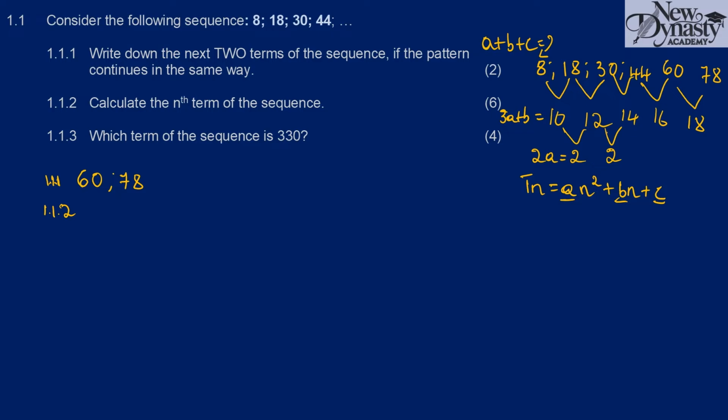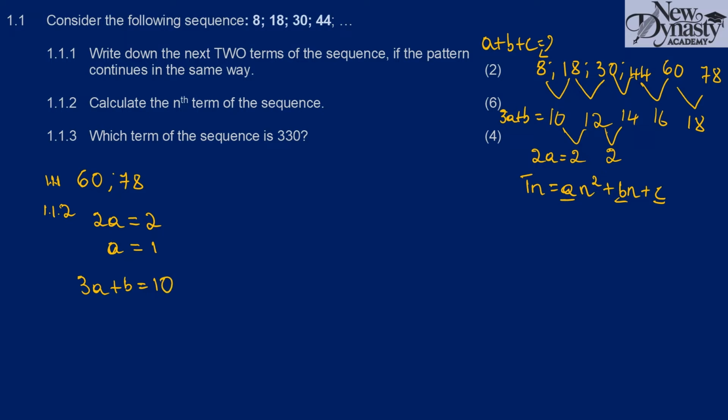Starting with a, we can say that 2a is equal to 2, and solving for a here, we need to divide both sides by 2, which I believe by now you know how to do. Then 2 divided by 2 is going to give us 1, so the value of a is 1. Then we move on to 3a plus b, which is equal to the first term of the first differences, which is 10.